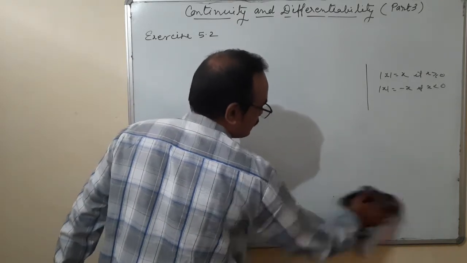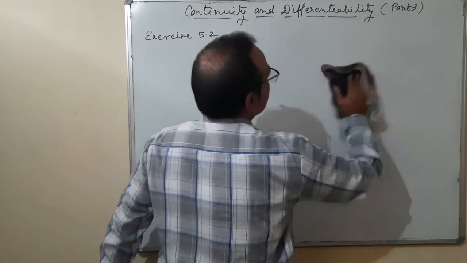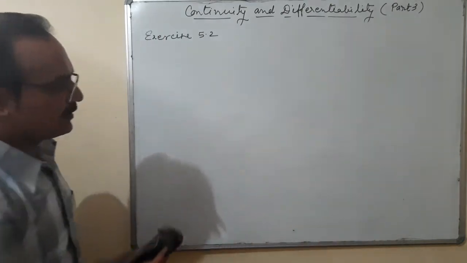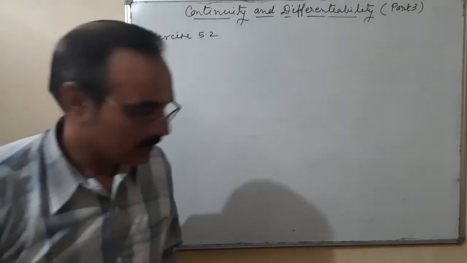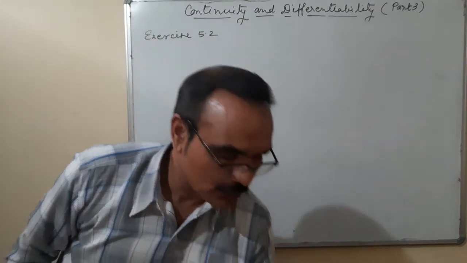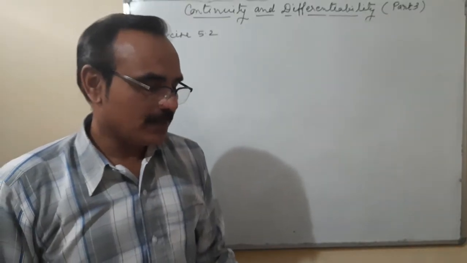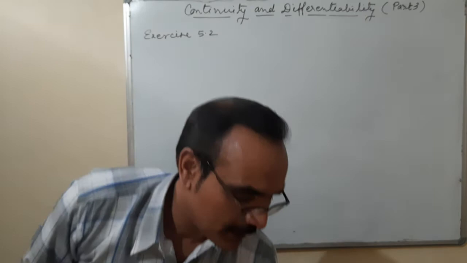We have to discuss one more, question number 10. The 10th question is f of x is equal to greatest integer function x, 0 is less than x is less than 3. That means the value of x is 1 and 2.